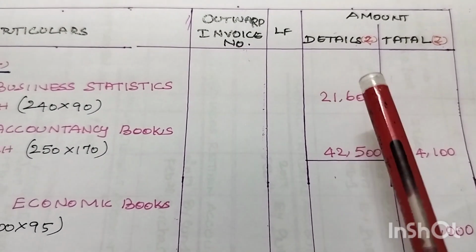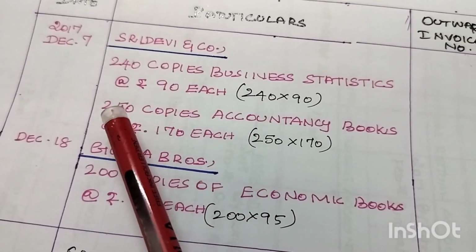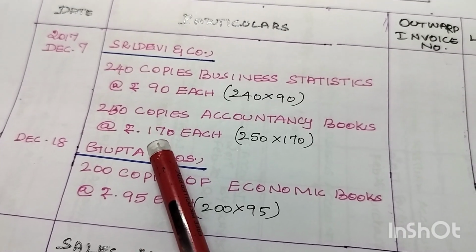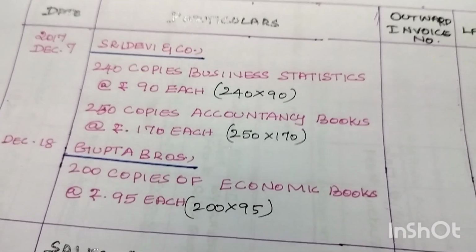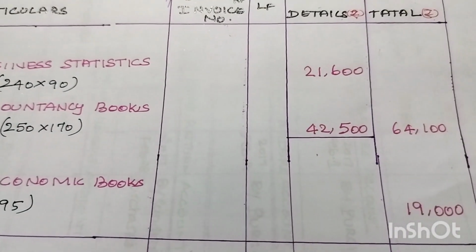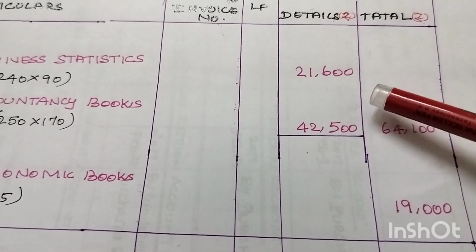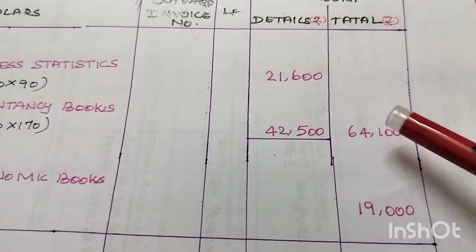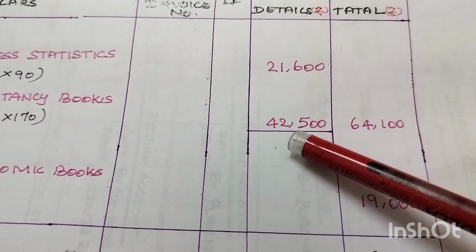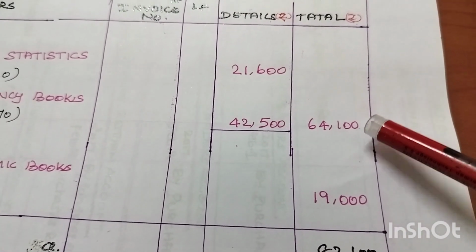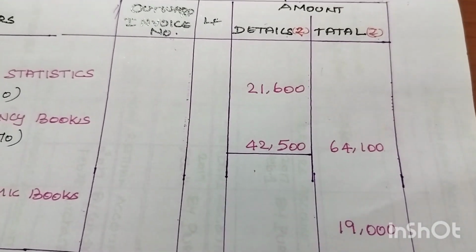You have to enter it into the details column, and then 250 copies of accountancy books at rupees 170 each. So 250 into 170, you will get 42,500. Then you have to add these two amounts and enter into the total column. So 21,600 plus 42,500, you will get 64,100 rupees. You have to enter this amount into the total column.